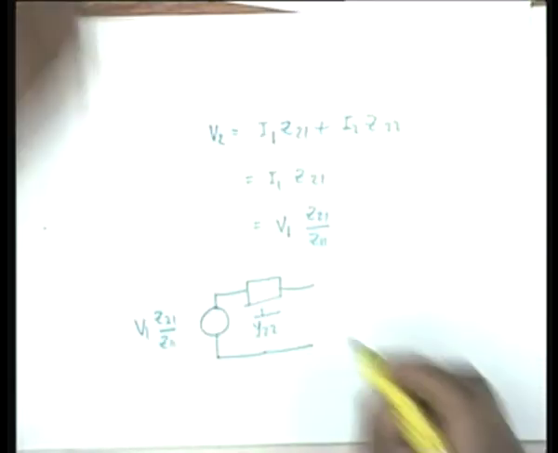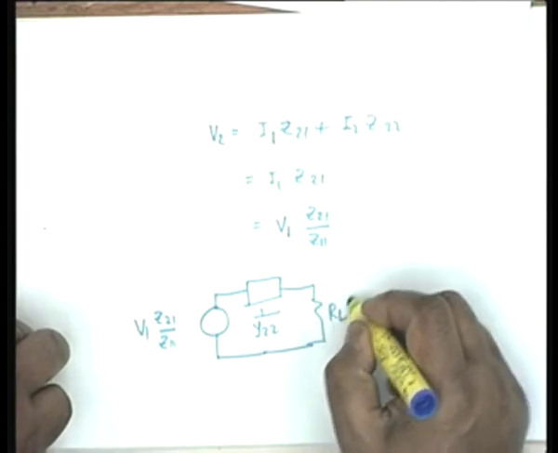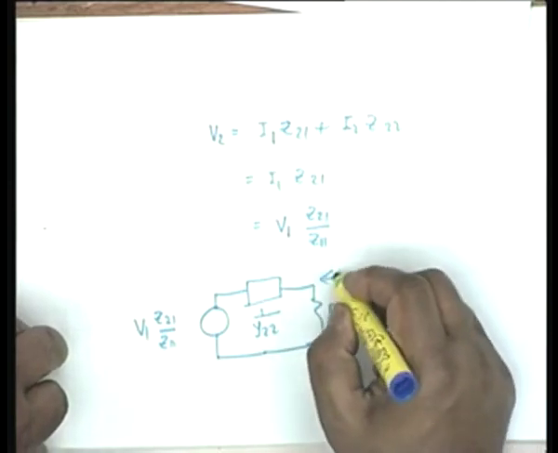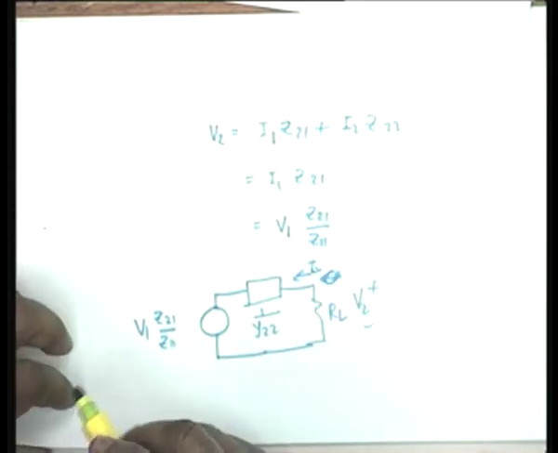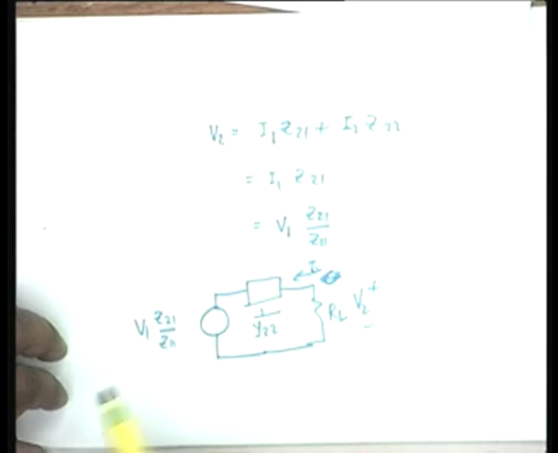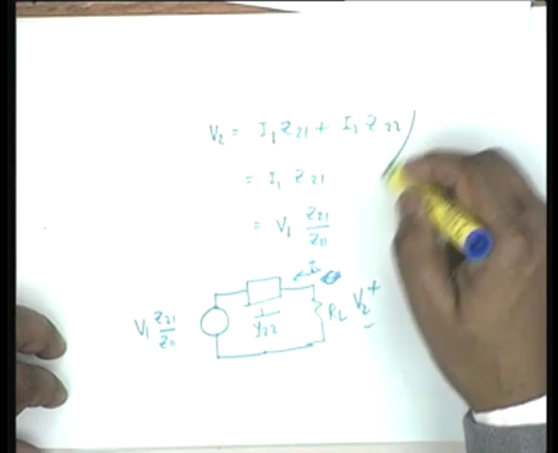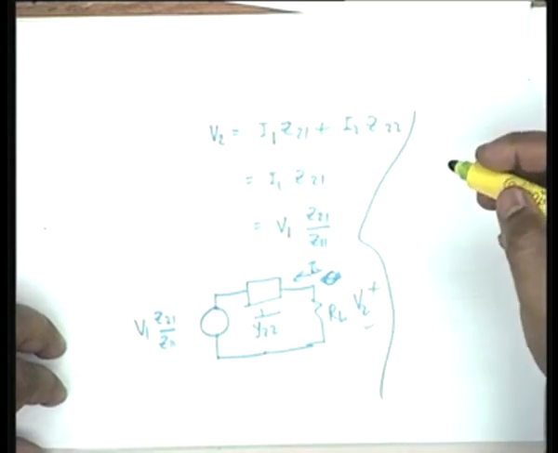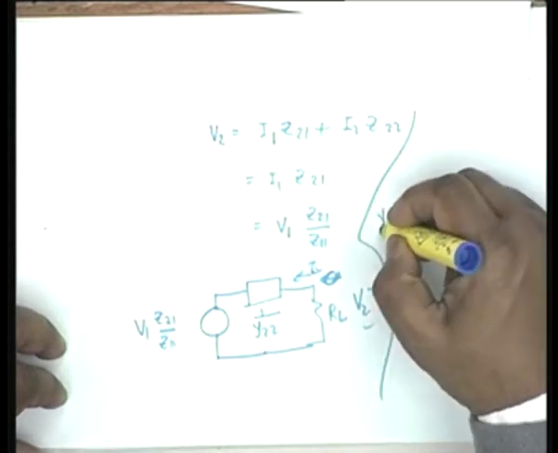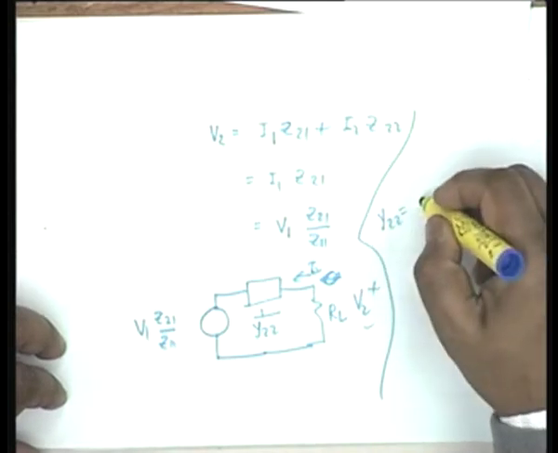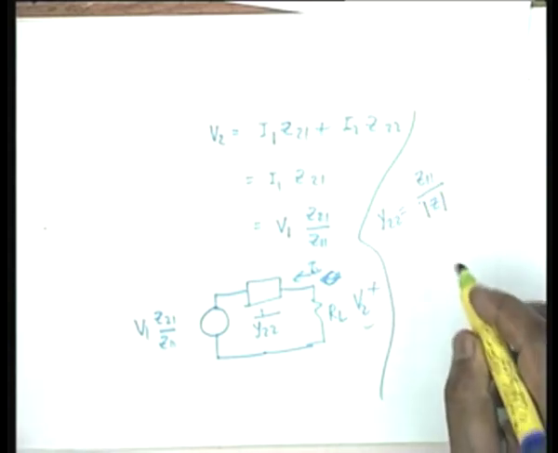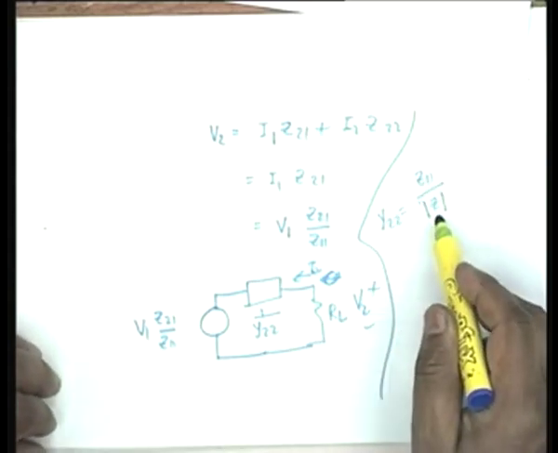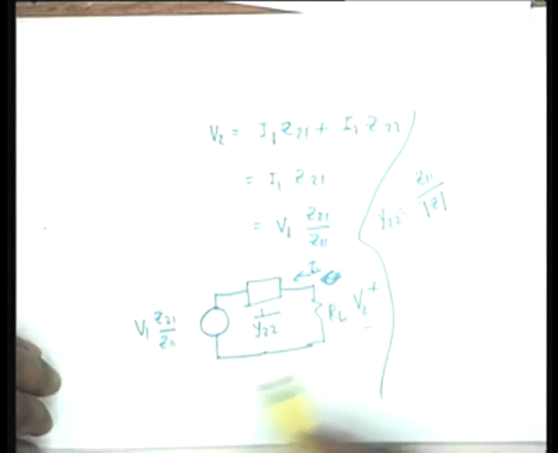So this is my equivalent circuit then. This is V2 and this is I2. The only problem is that instead of all Z parameters there occur Y parameters, and we shall show later, because the Y matrix is the inverse of the Z matrix, that Y22 shall be equal to Z11 divided by determinant Z, and that is how Z11, determinant Z, Z21 will come in the calculation.